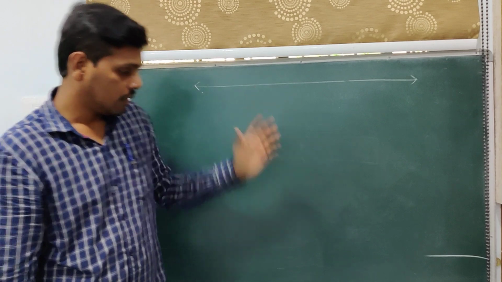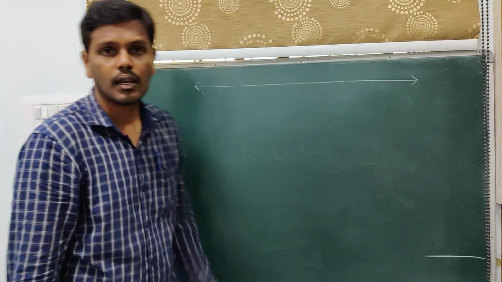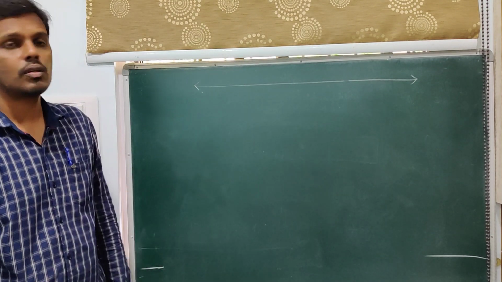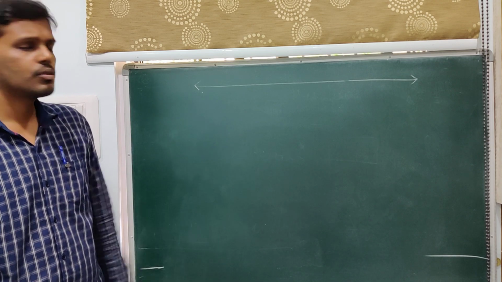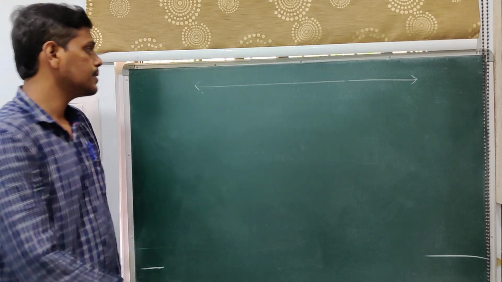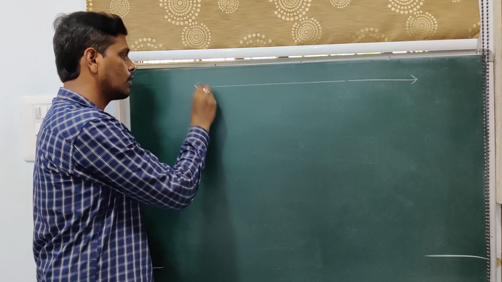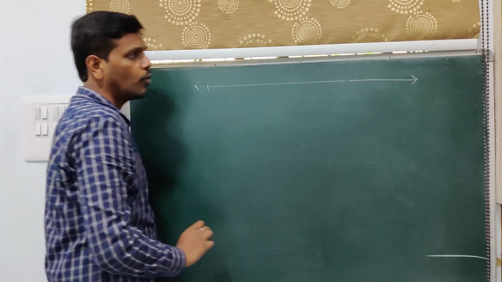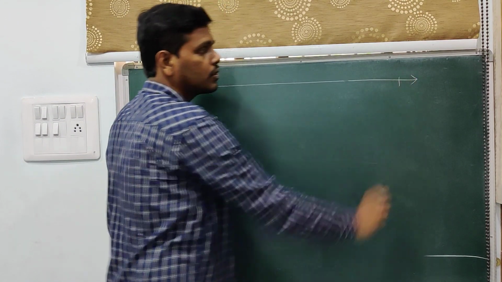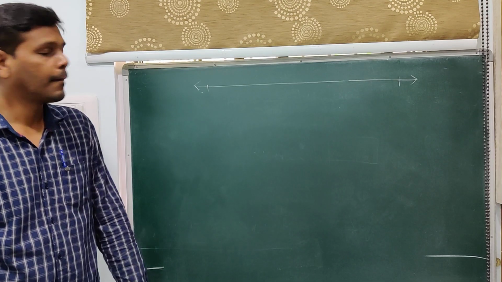Now going about this straight line, as we have discussed, this straight line has got infinitely many points. Now I will choose some points on the straight line. Let us say this is the point which I am choosing, and this is one more point which I am choosing.